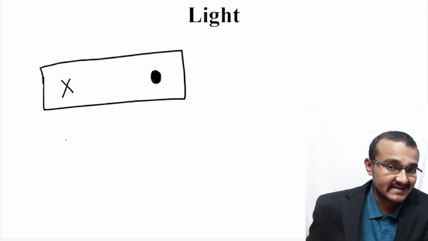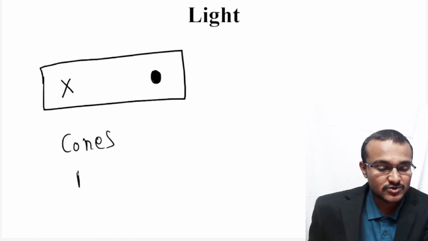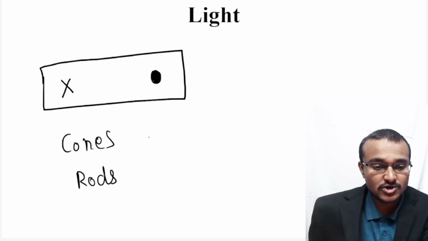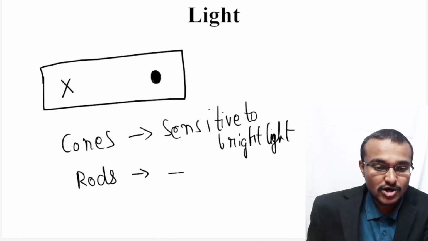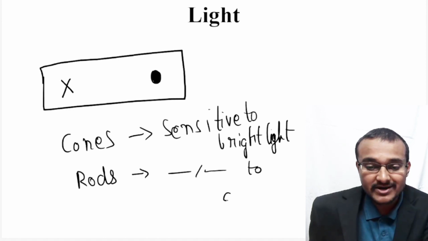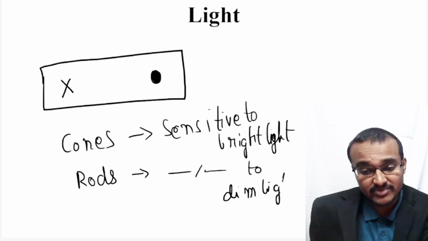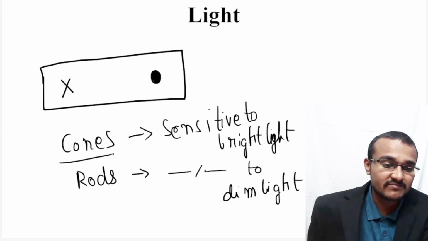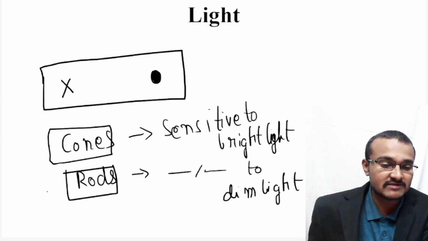Inside the retina, there are two kinds of cells. One is known as cones and the other is known as rods. Cones are sensitive to bright light, and rods are sensitive to dim light. Whenever bright light is present, cones will be more active, and whenever dim light is present, rods will be more active.